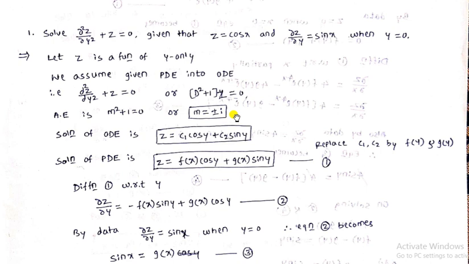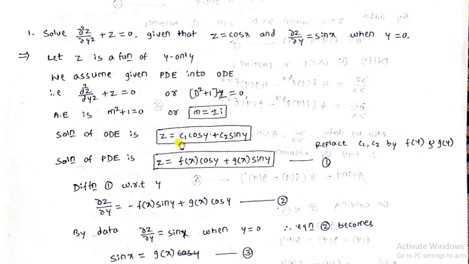So ±i are the complex roots. And again in the second module we know how to write the complementary function for complex roots. So z = c1 cos y + c2 sin y, which is the solution of the ordinary differential equation.